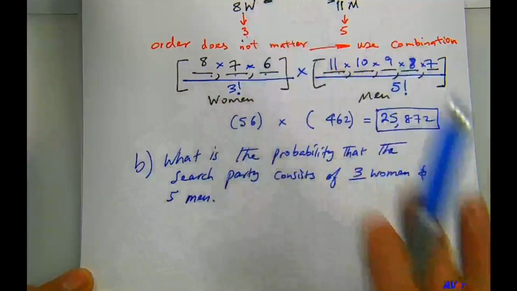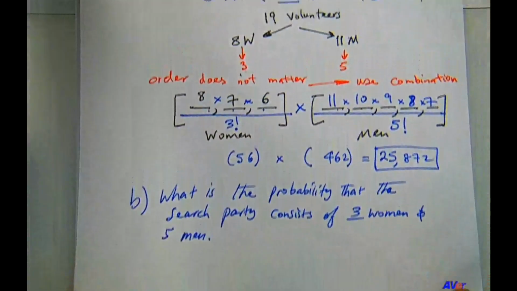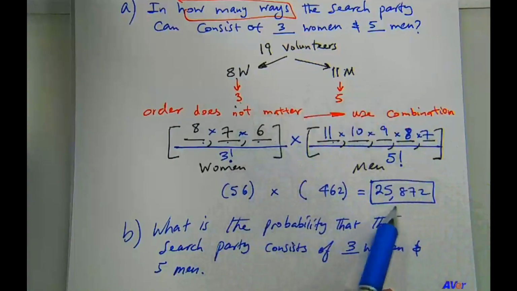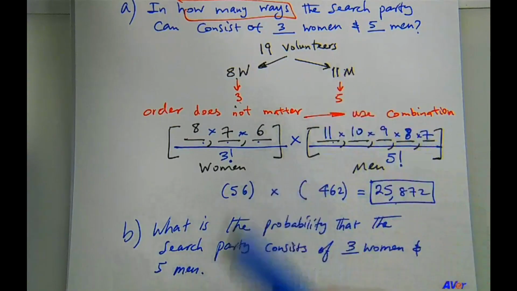So if there was no part A for this problem, if I went and said, given this data, what is the probability that the search party consists of 3 women and 5 men, you would have to calculate this 25,872 anyway. But I'm breaking it up into 2 pieces so you can see the different components.